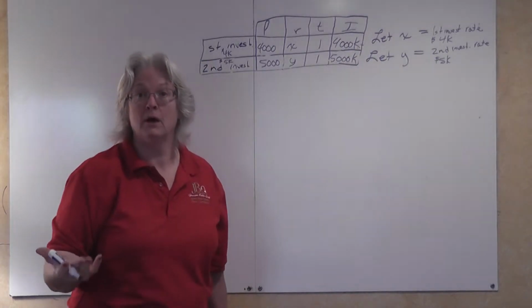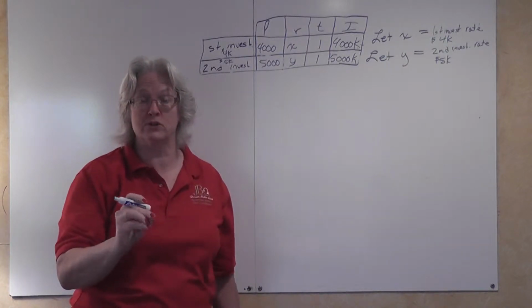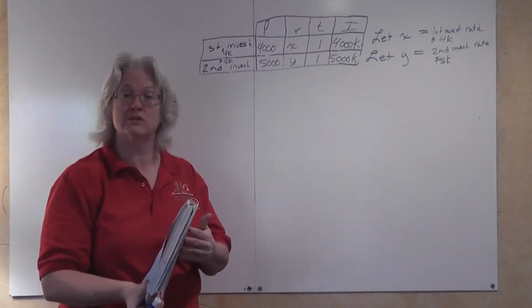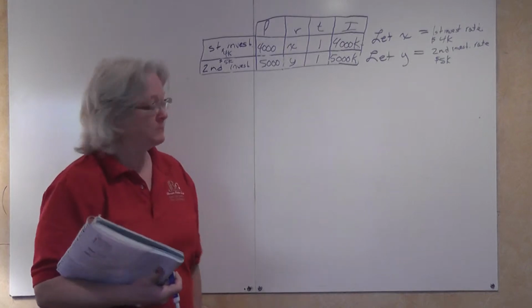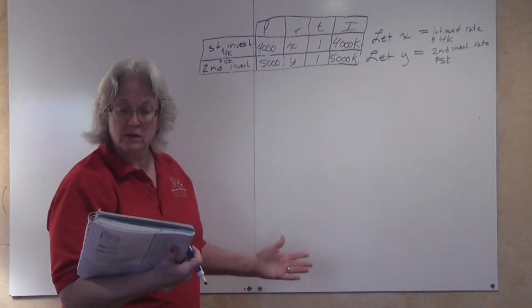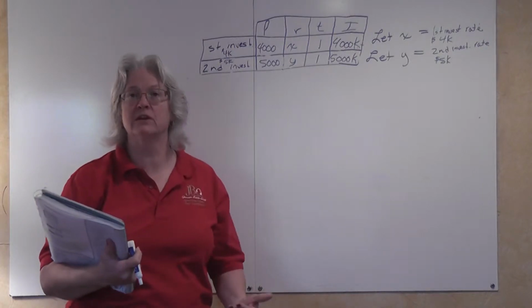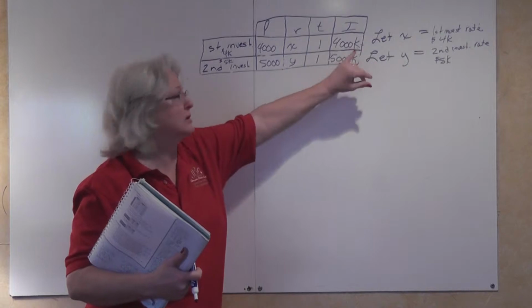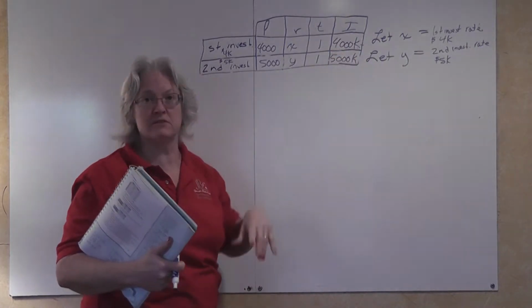Our chart's filled in. What we want to do now is come up with two equations that are true based on the information given to us in our text, where we can solve those simultaneously. First sentence, it says he knows he will receive $770 in interest per year. The total interest is always going to be equal to the combined little pieces of interest.